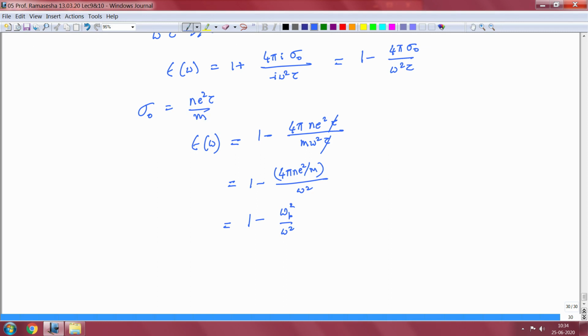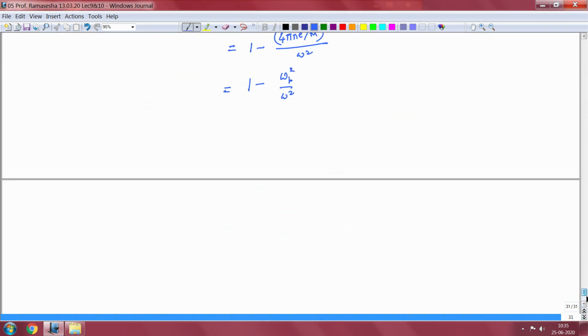So this is the expression for epsilon of omega. Now how does the plasma frequency come about? It is quite easy to see how the plasma frequency comes about by looking at a thin cross section or thin wire and creating a polarization.